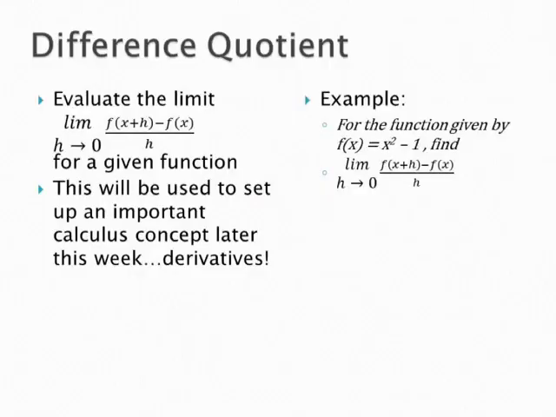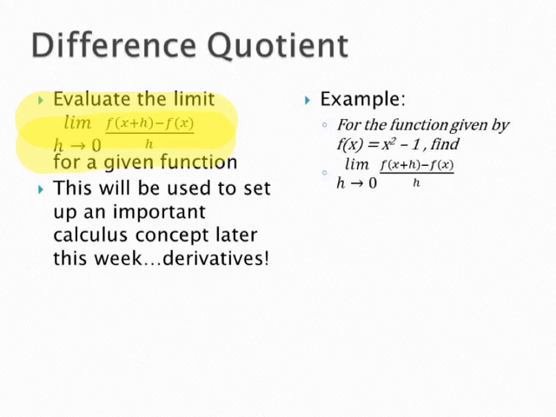Okay, so the last thing I would like to discuss is what we call the difference quotient, okay? We are going to take the limit of the difference quotient, which I will warn you right now is going to involve some algebra, okay? So the limit of the difference quotient is this right here.